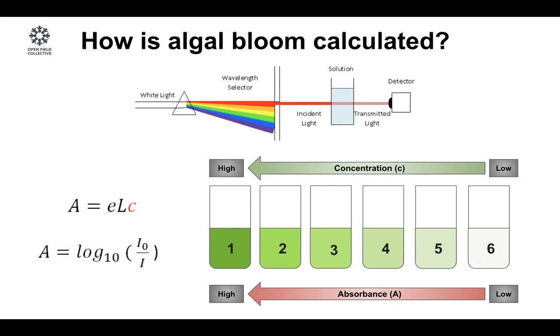So in order to estimate the presence of anything that has green in it, the best wavelength to do that is red. If you throw red light in the sample, green algae will absorb red light and then transmit the ones that it cannot absorb, and you will detect the transmitted light and recalculate how much you lost. You know what I mean?